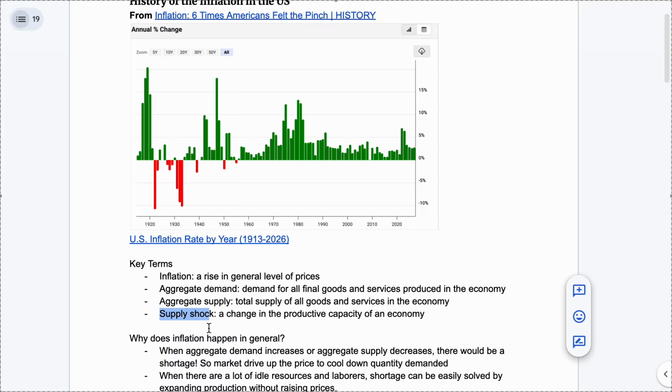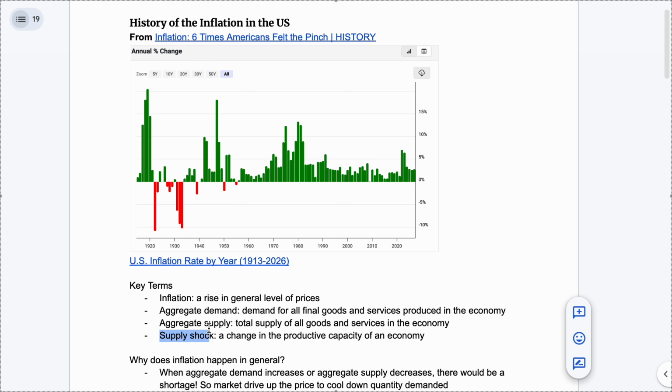Positive means the productive capacity of the economy is expanding, and adverse supply shock means the productive capacity of an economy is shrinking. So even if they use all the available resources in the economy, they can only produce so much after the adverse shock, and vice versa for a positive shock.